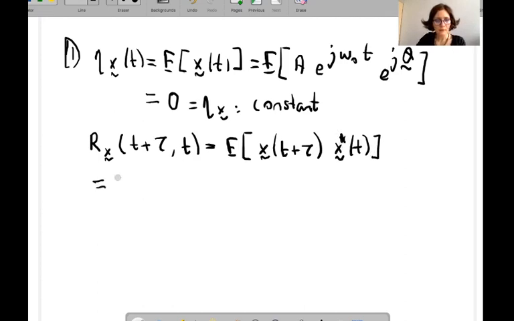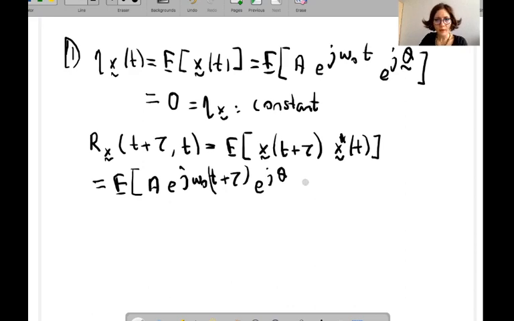If you just write down the expressions, x of t plus tau is a e to the j omega 0 (t plus tau), and then there's also the phase term, sorry, e to the j theta. So this is the first expression for x of t plus tau.